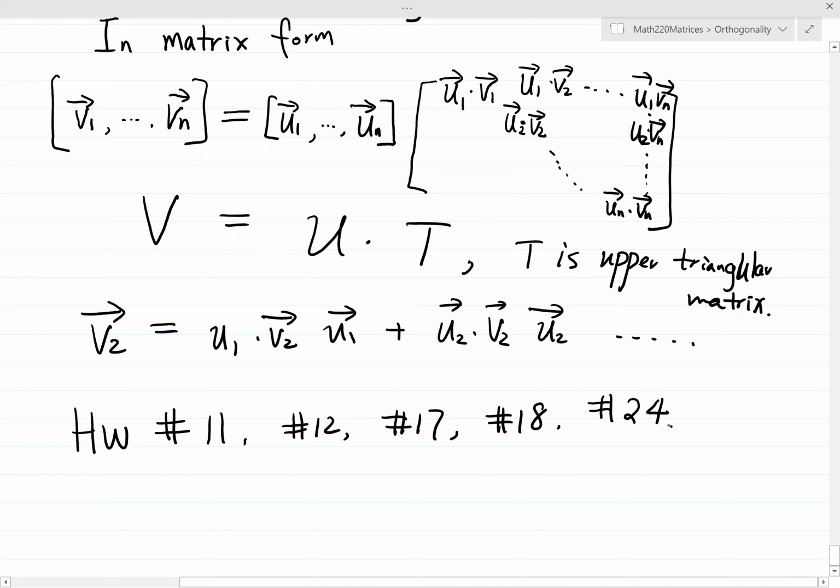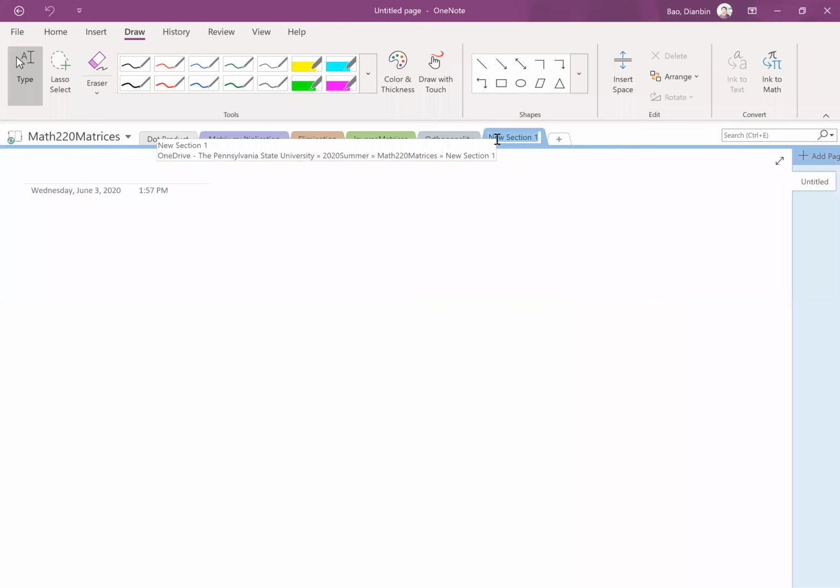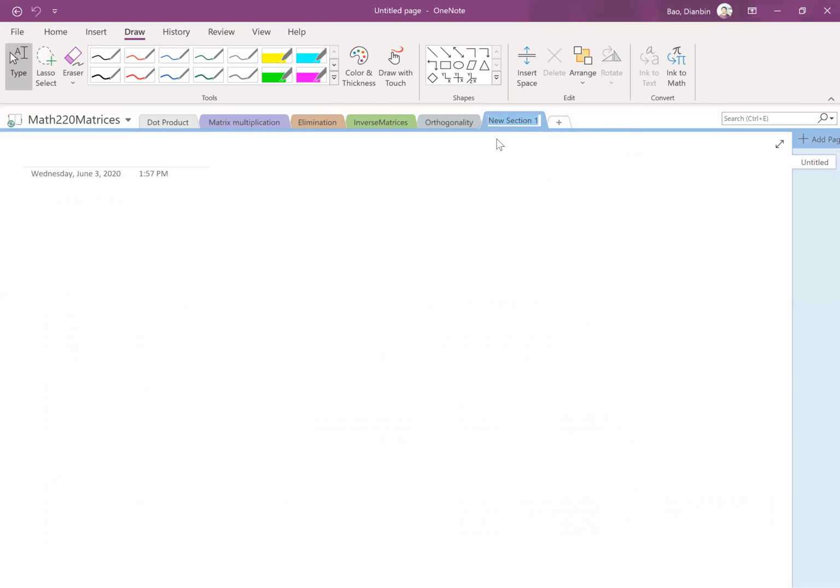All right. Now we are done with chapter 4. Now we talk about chapter 5, determinant. Chapter 5 is actually an important chapter.